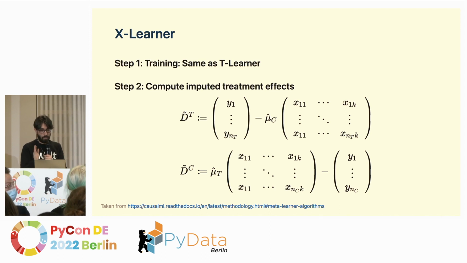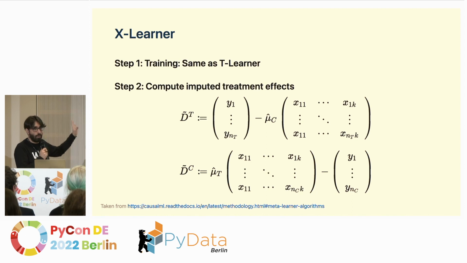And these are the following. For the treatment group, I take all of the outcome of the treatment, and this is why this is the first column. And then I subtract the predictions using the model from the control group using the treatment covariates. And I do this the other way around for the control. This is somehow to mix the control and the treatment groups.